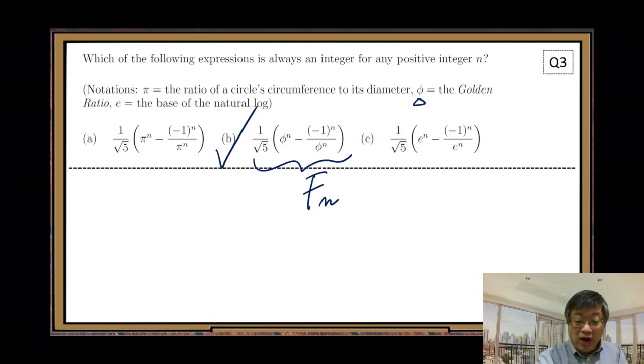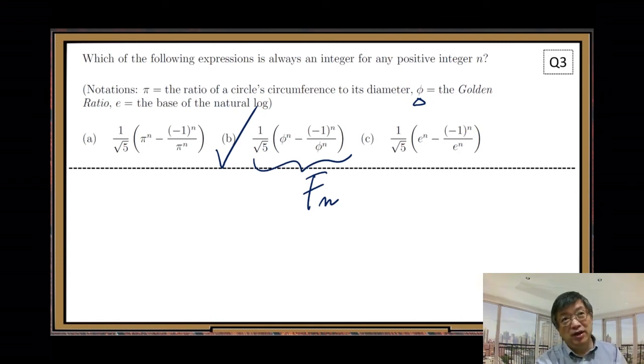For the other two formulas, you just replace the golden ratio by pi and e. Definitely, they won't give you integers.